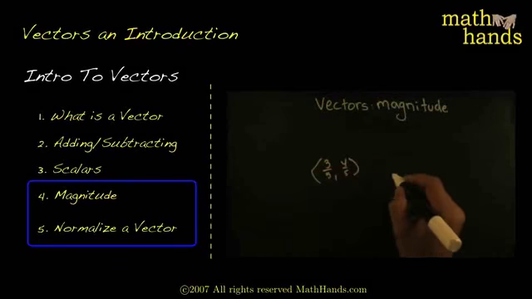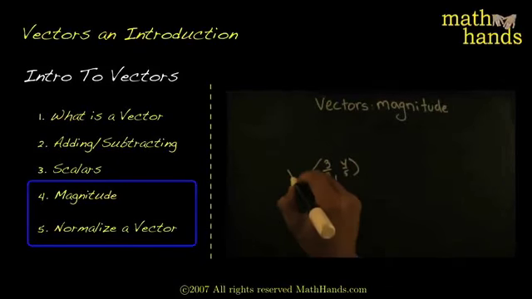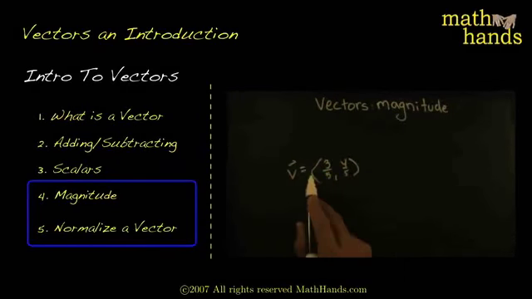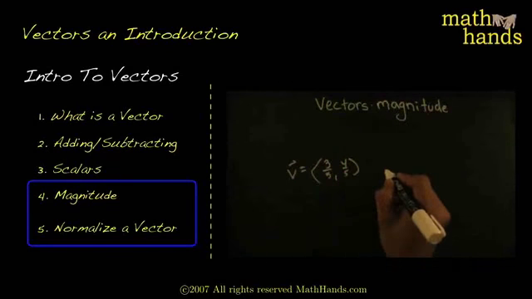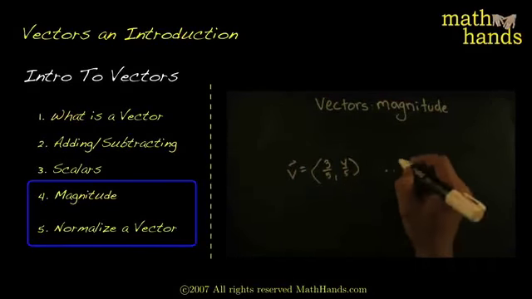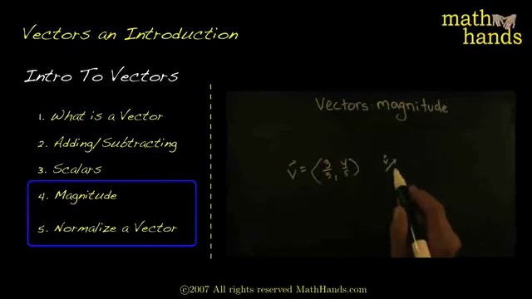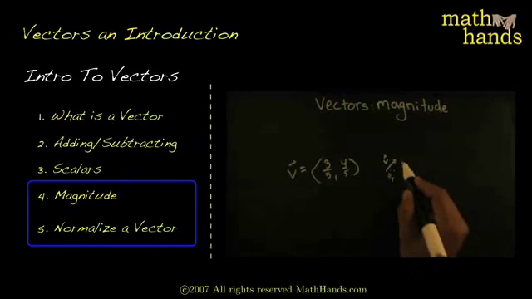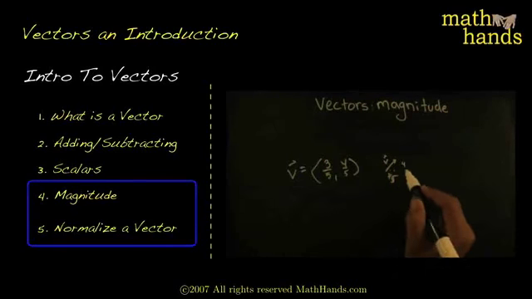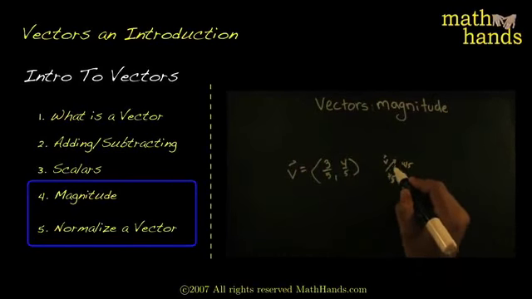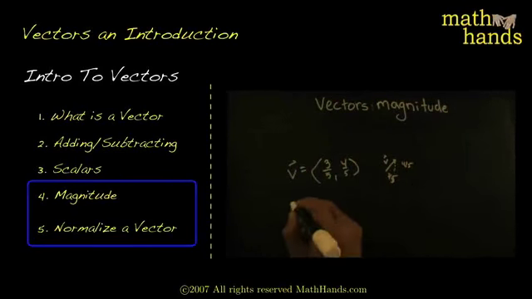This vector is really a small vector in the right direction. You don't even go one whole unit. You simply go 3/5 of a unit to the right, and you go up 4/5 of a unit. The question is, what's its magnitude?